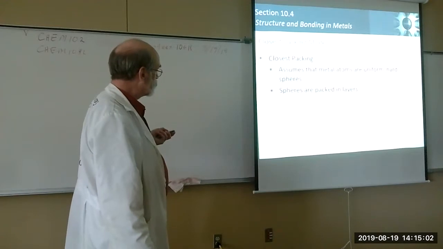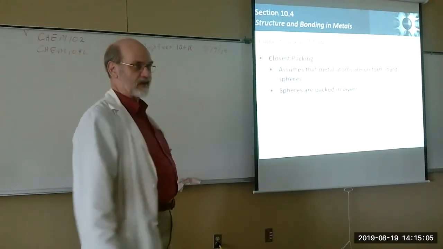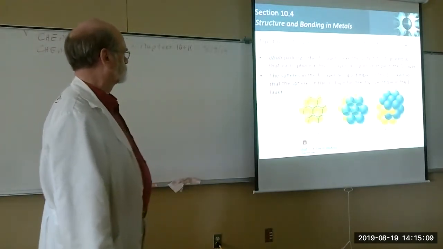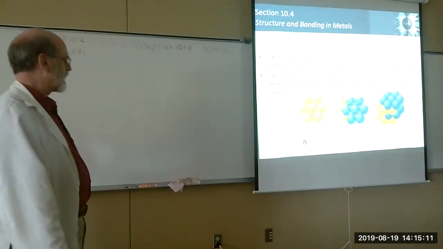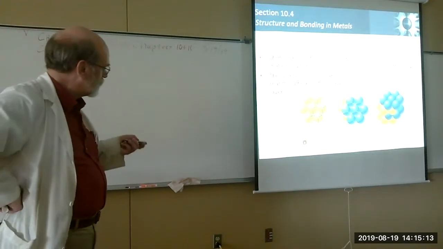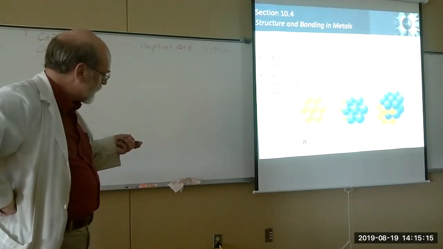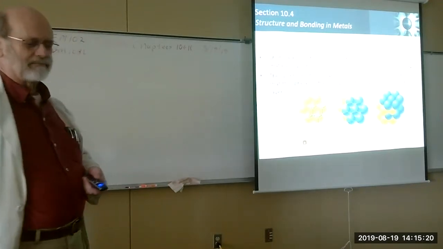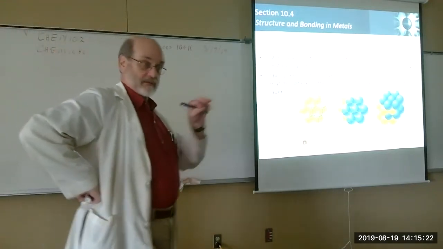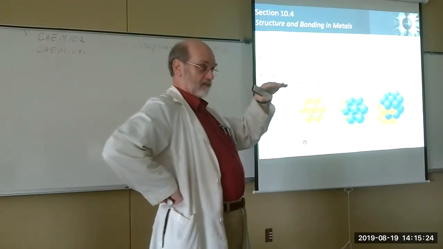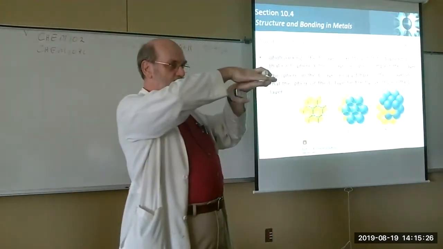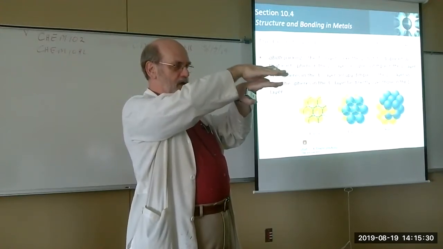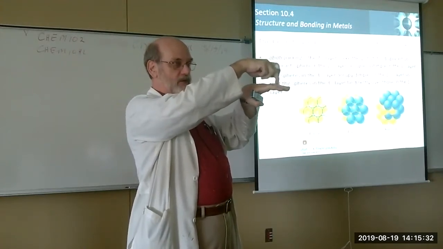And we have to assume that these spheres are packed in layers. So for instance, this closest packing arrangement is called ABAB. So what do we mean by that? Well, remember the layers. Layer 1 is A. Layer 2 sits on top, but it's shifted enough to where the metal atoms fall into the gaps between.